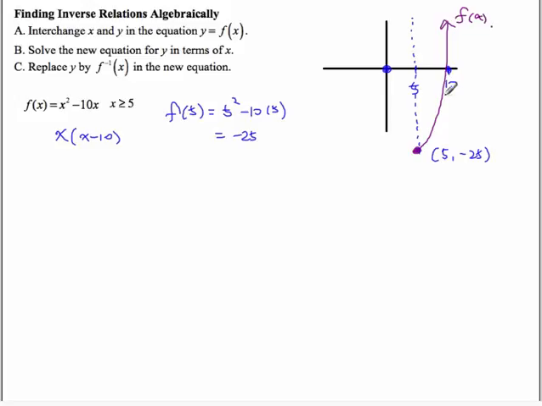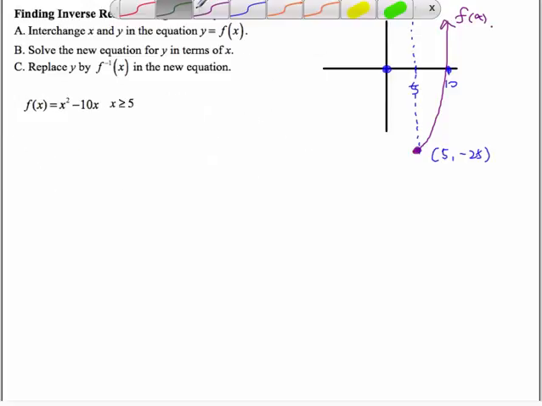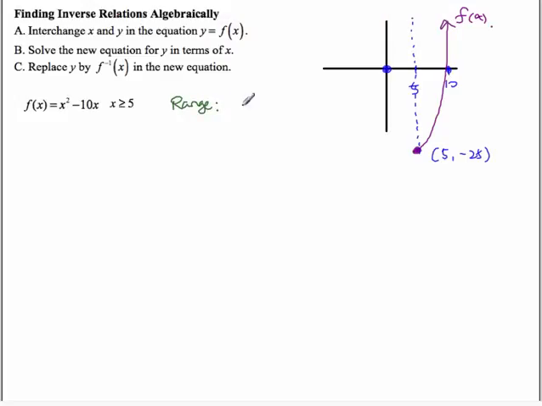Okay, so I am looking for the inverse of it. The range of this function is quite important because that's going to be the domain of our inverse function. So what is the range? Here is y equals negative 25, and y values are bigger than that, so y has to be greater than or equal to negative 25. And that's the domain of the inverse, and we're going to find that now.